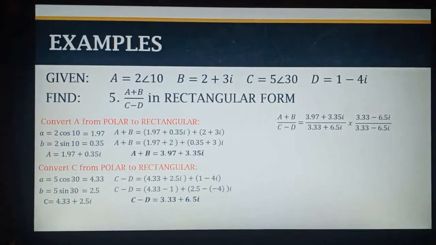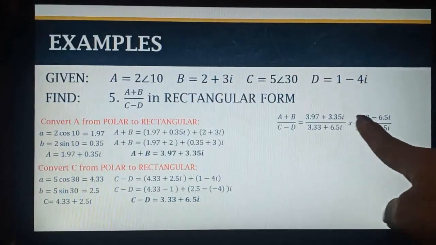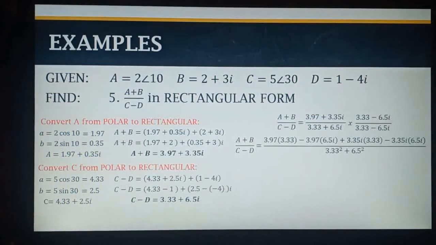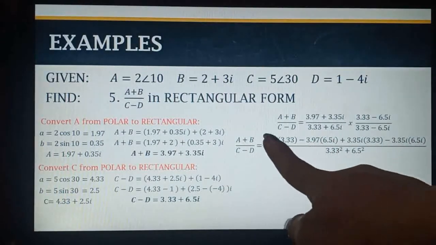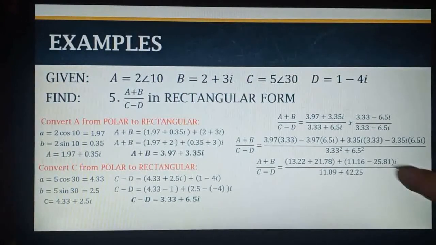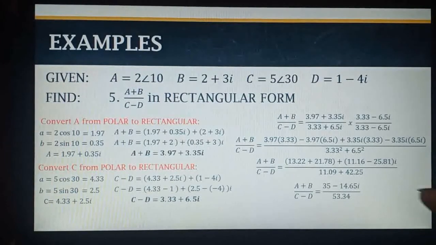Then all you have to do is to multiply the numerator to the numerator, then the denominator to the denominator. So kapag minultiply na natin yan, you will have this equation. Kapag sinimplify mo yan, you will have this equation. Then the answer is this one. Then for the final answer, that is equivalent to 0.66 minus 0.27i.